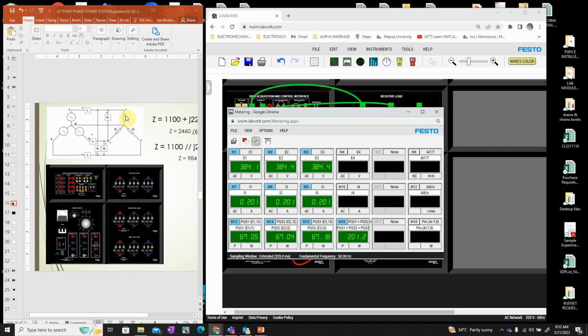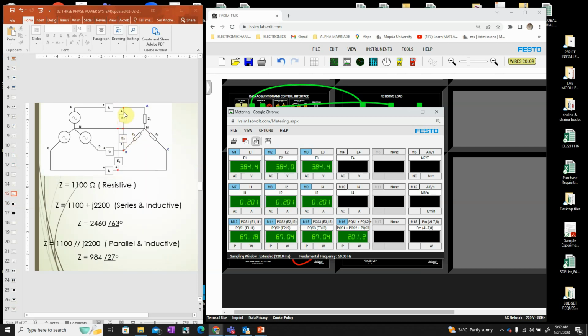The power here should be equal to the voltage across this impedance multiplied by the current, right? So you should not take this power. You should take the power when you are measuring what?